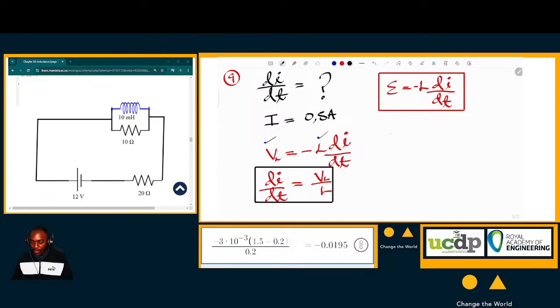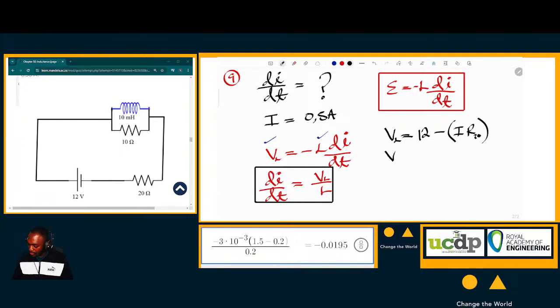Yes, sir. Right. So to obtain our voltage across the inductor, that will be our EMF of 12 volts minus the potential difference across the 20 ohm resistor, which is I R subscript 20.